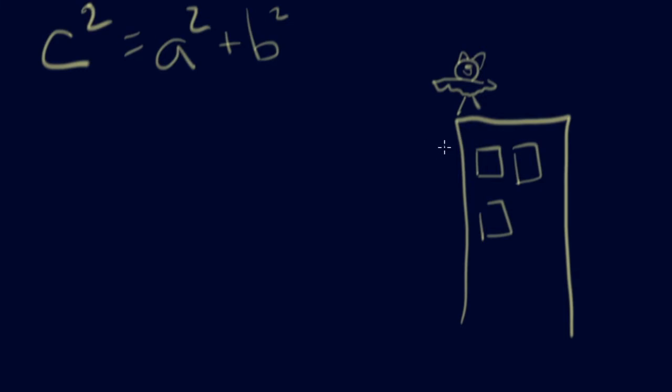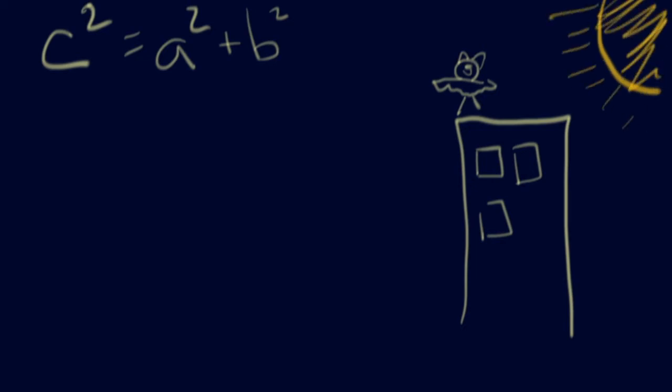But if we wanted to know the shadow of the building, so there's sunshine, this is our sunshine. And the building is 20 meters high. It's a really small building.